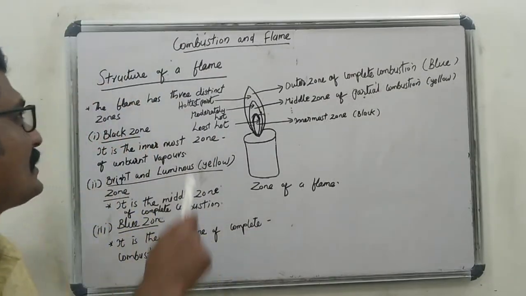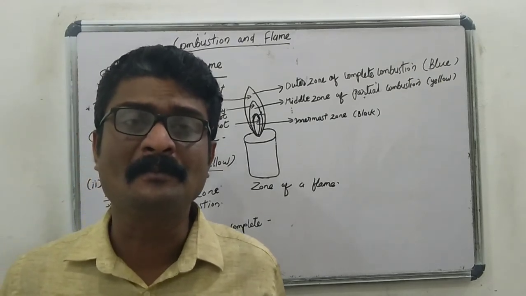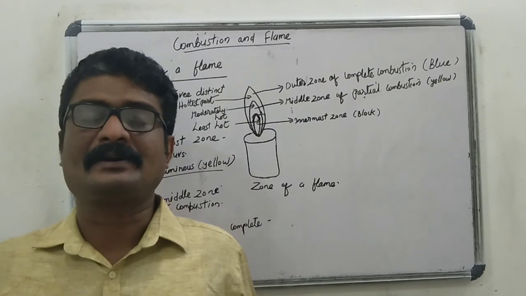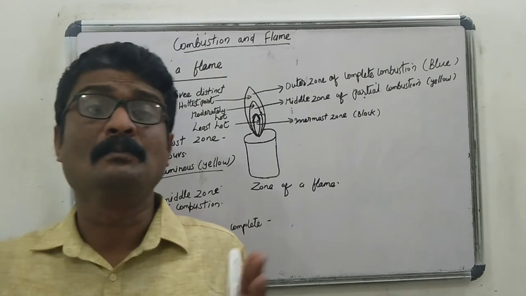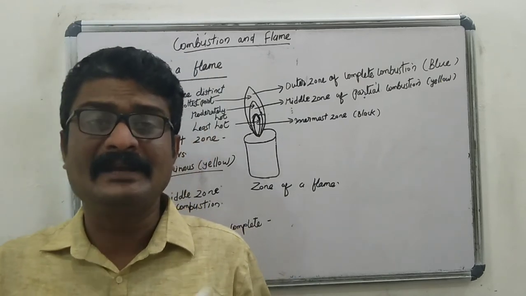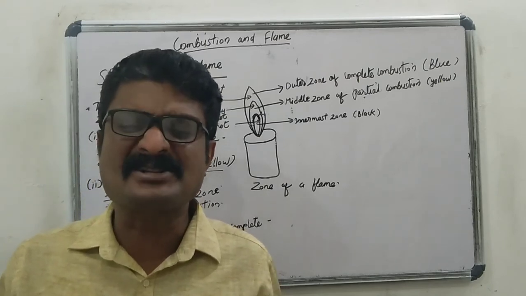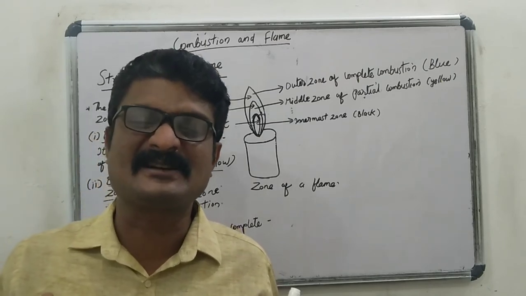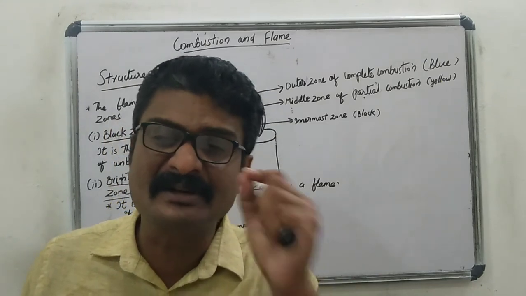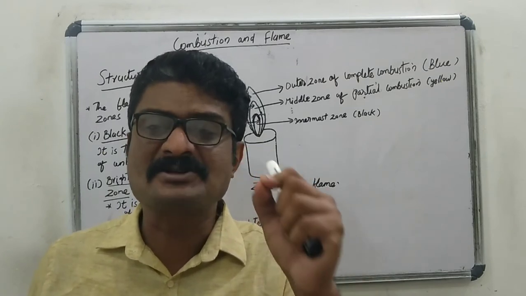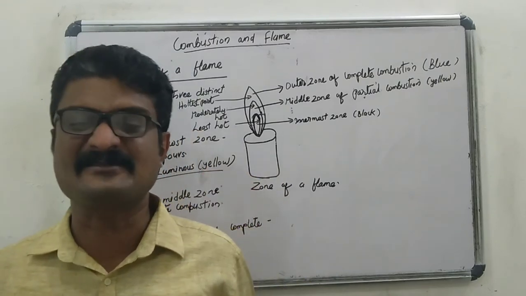Next topic, structure of a flame. Substances which form vapor during heating burn with a flame. A flame is a region where combustion of gaseous substances or vapor takes place.